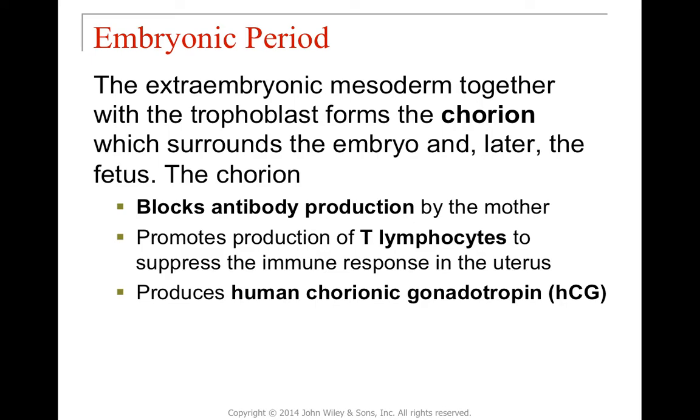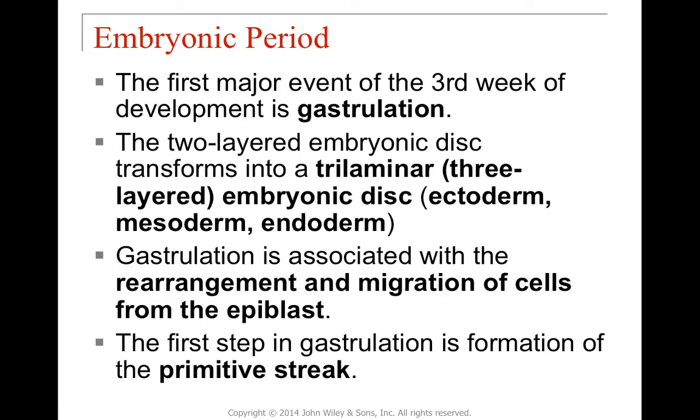It's non-self, but it's a non-self that we don't want to attack the way we would normally want to attack something that would be non-self in our immune system. And along with that, we want to suppress our immune system, and we do that by promoting the production of T lymphocytes, specifically to suppress the immune system in the uterus, but it does also have a global effect on the maternal body.